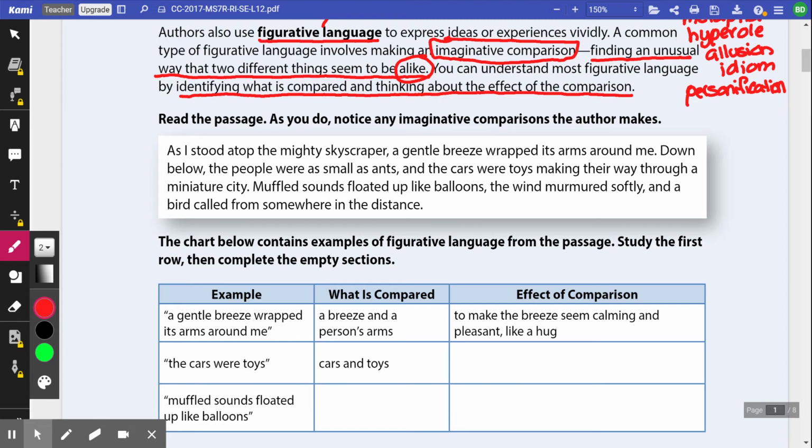So we have to read the passage. As we do, we have to notice imaginative comparisons the author makes. And I'll go ahead and tell you this is a reference to our figurative word meanings.